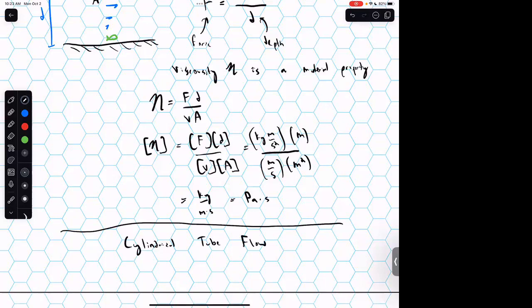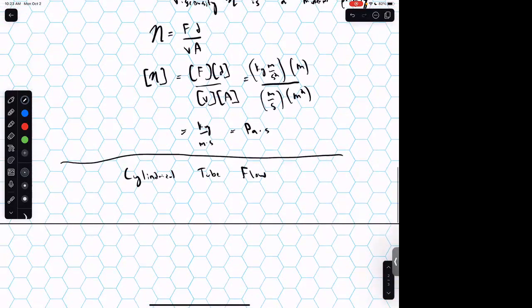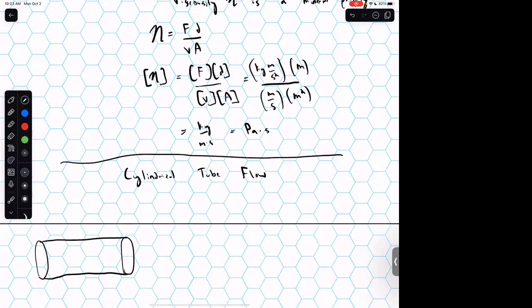Okay, so if I have some cylindrical tube, I'm just going to draw it like this. It's a cylinder, so it has circular end caps, but I'm going to try to draw that in perspective. This is the span of the tube. A typical way that I force a fluid through any sort of tube or through any sort of channel is by applying a pressure gradient.